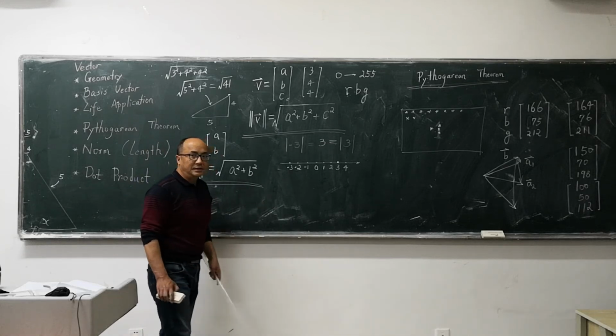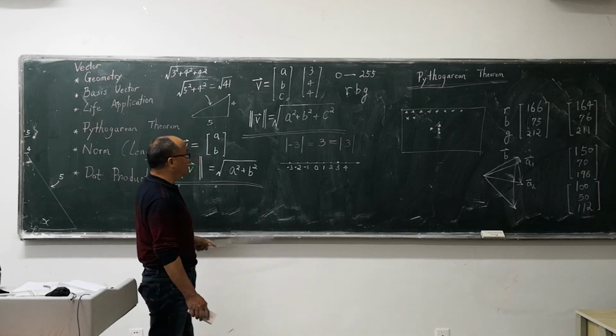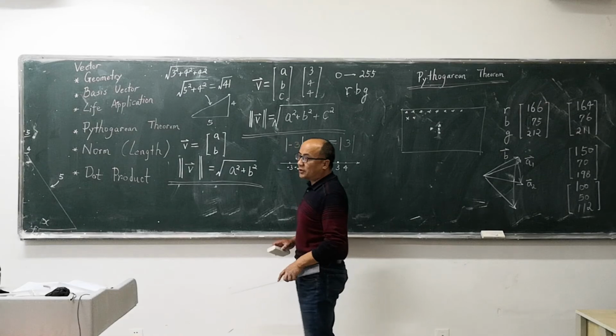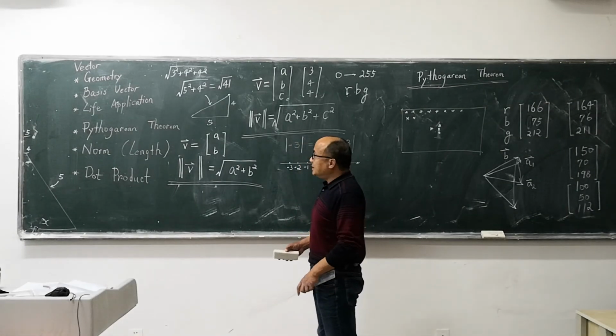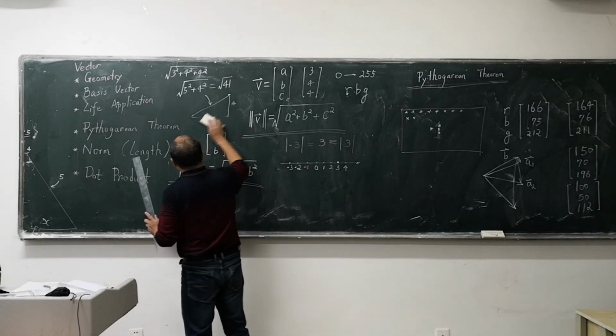You can see the vector is useful. Now we move on to the dot product. This is one vector times another vector.